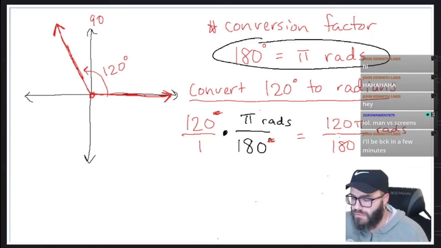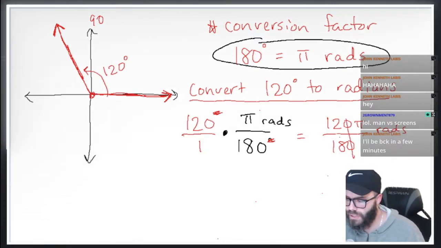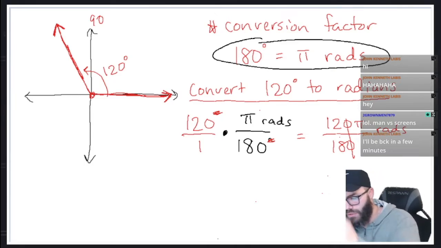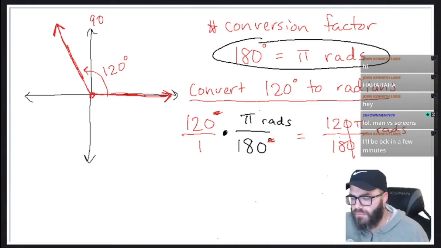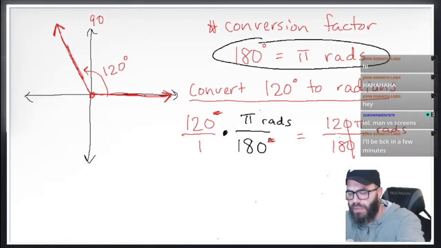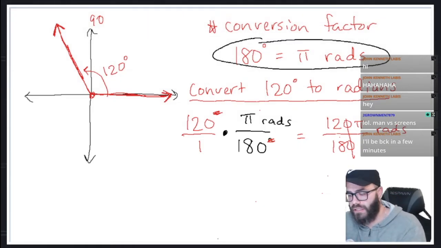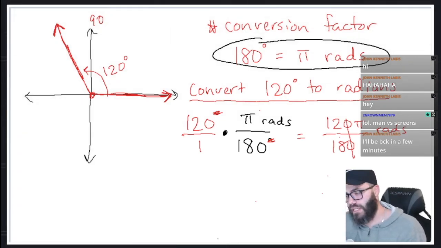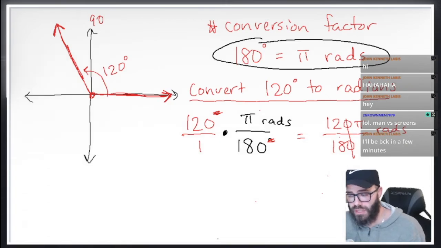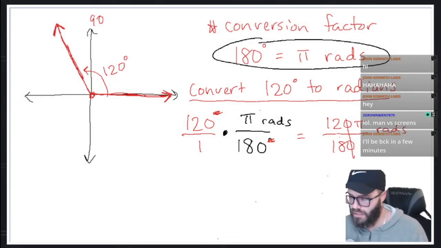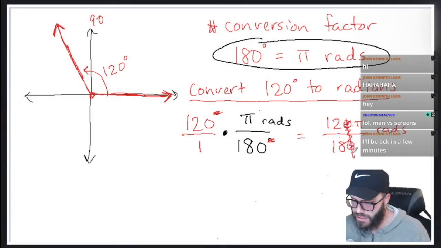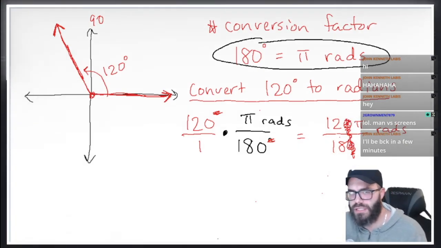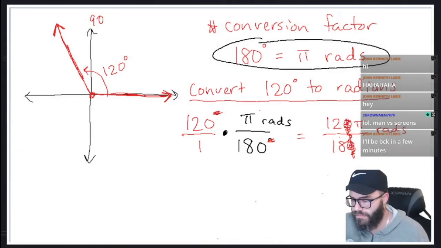And then reduce. We don't need to worry about the pi unit. Pi is just going to stay there. Both numbers are divisible by 10, so I can reduce both by 10. 120 divided by 10 is 12, 180 divided by 10 is 18. That's the easy way: if you have numbers that both end in 0, you can divide by 10.